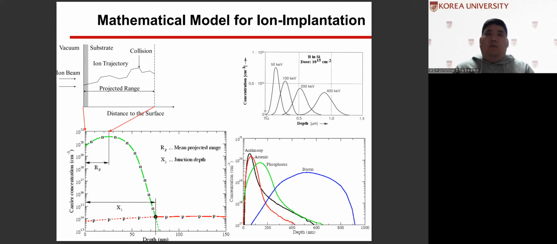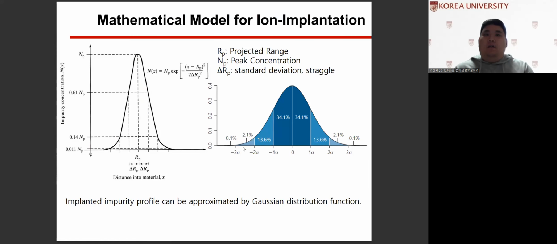Moreover, the energy we give the ion can vary the depth the ion punches through, and the type of ion can also vary the result. Normally, the distribution of the implanted atoms follows a Gaussian mathematical model like this.